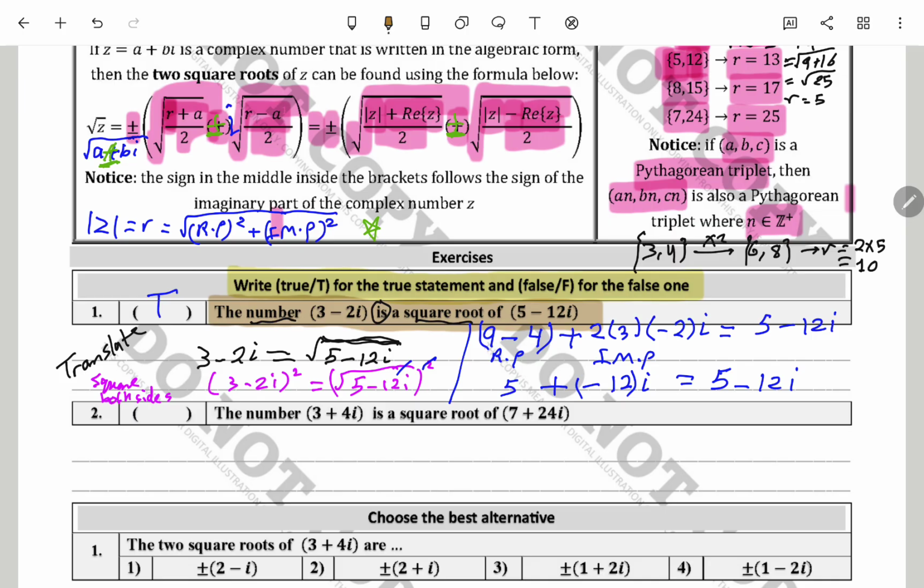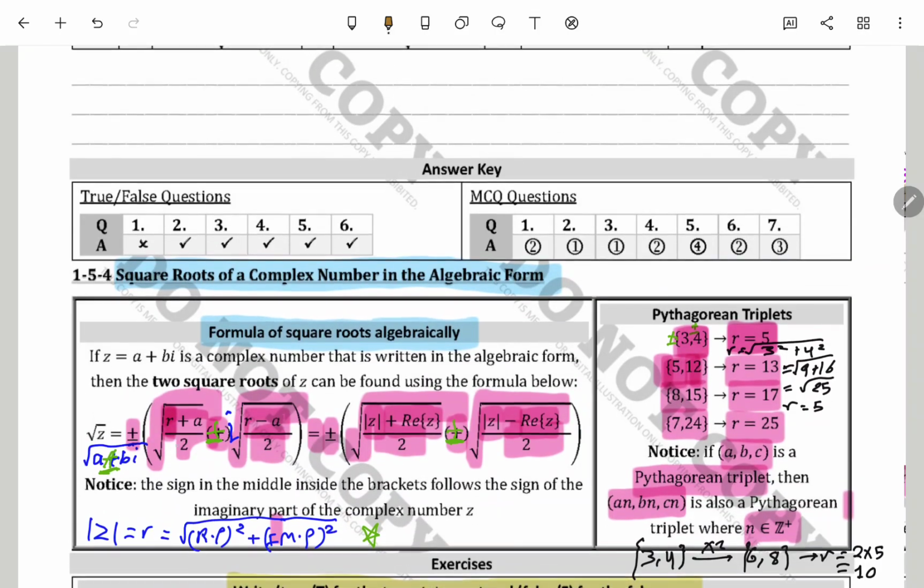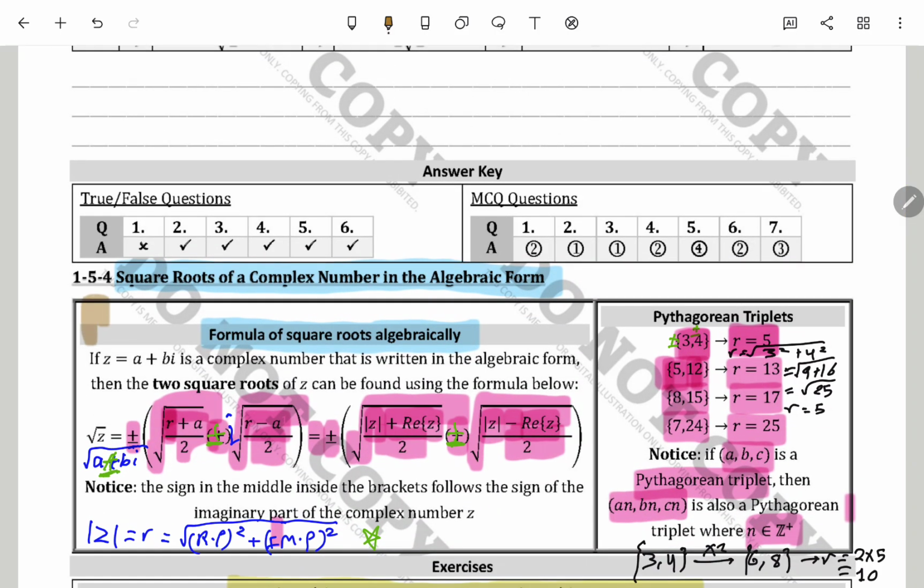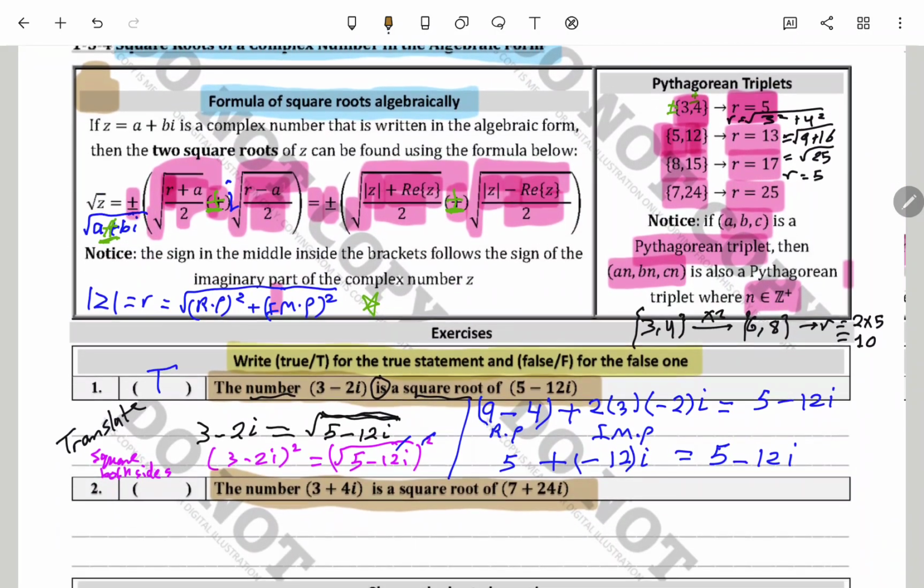The number 3 plus 4i is the square root of 7 plus 24i. You can do it like I did before, or you can use the formula that we have above in the box.